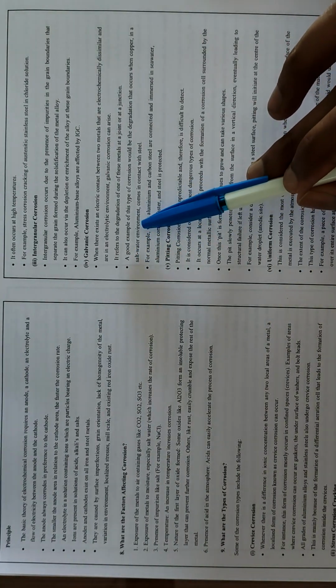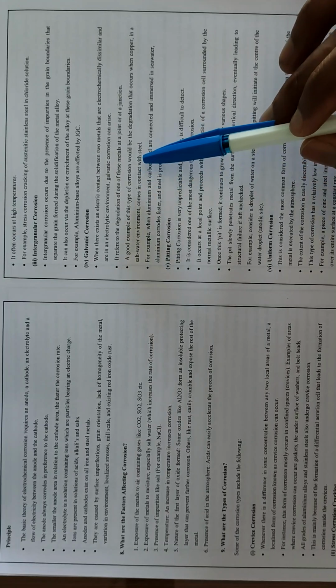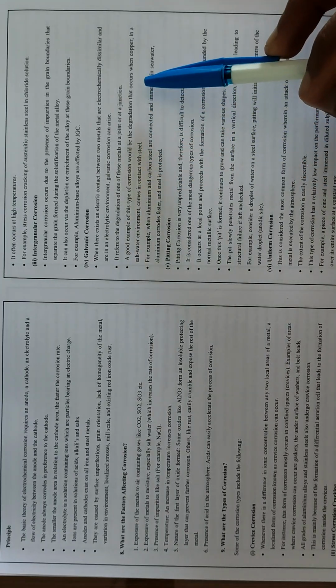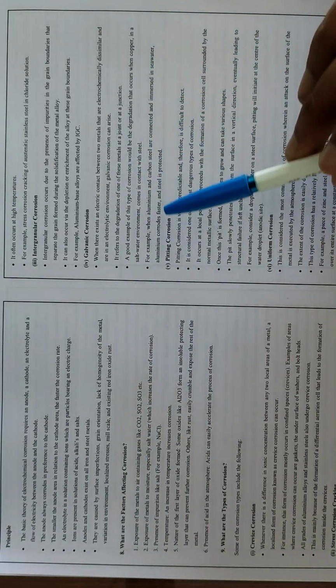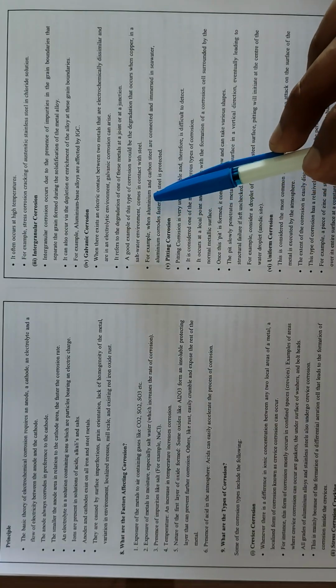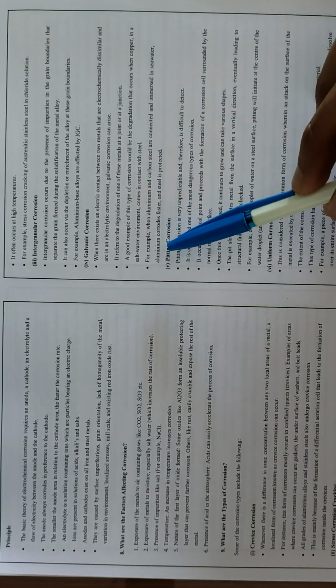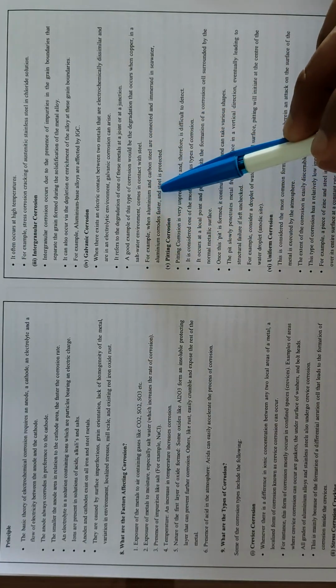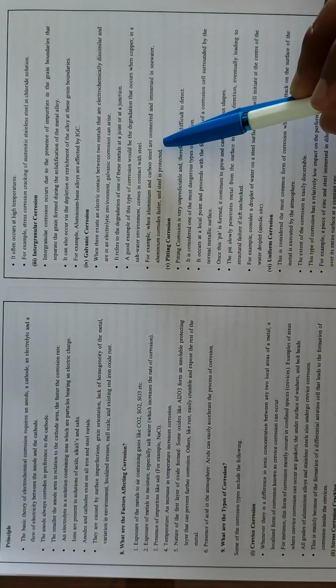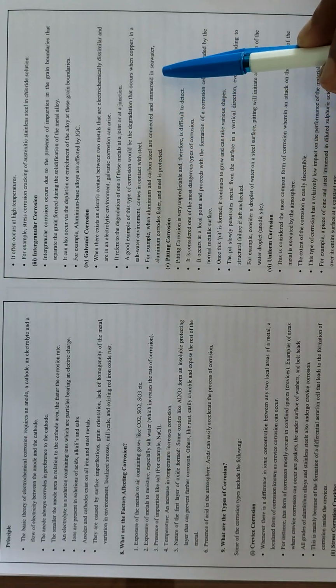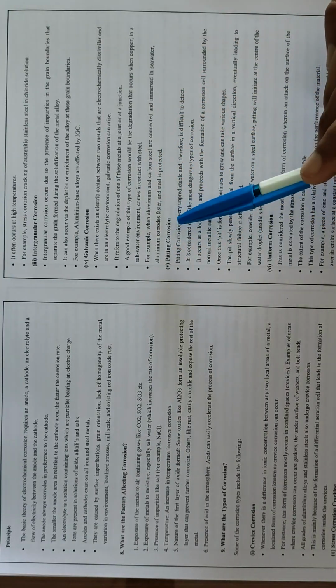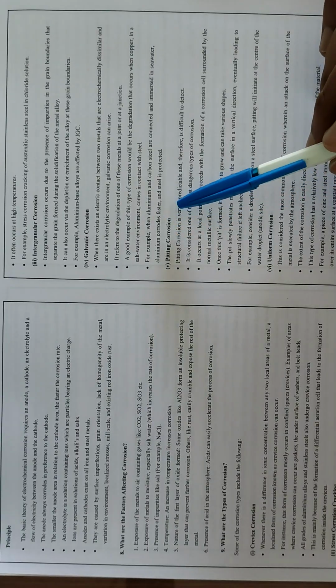A good example of this type of corrosion would be degradation that occurs when copper in a saltwater environment comes in contact with steel. For example, when aluminum and carbon steel are coupled and immersed in seawater, aluminum corrodes faster and steel is protected.